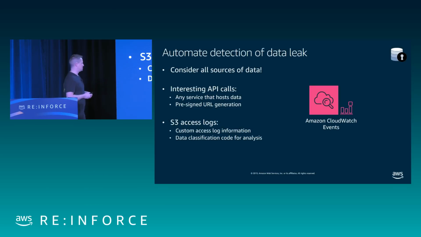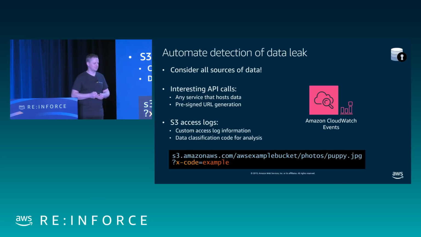Speaking of S3 access logs, we can actually customize the log information that goes into S3. Here I've got an example cut down of an S3 access log to my example bucket, my puppy photo. I can put a query string. I'm using a code, and it has to start with x-, and I can treat this like a key value pair. I don't want to store sensitive data here, but I could have a code for a data classification level.